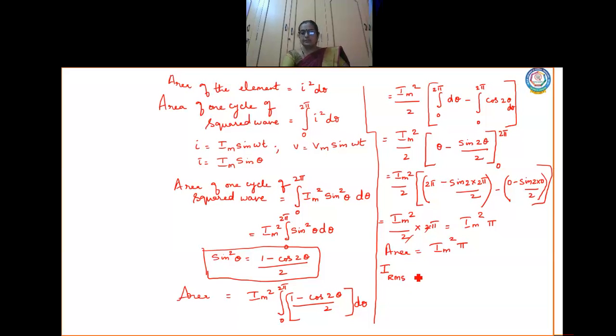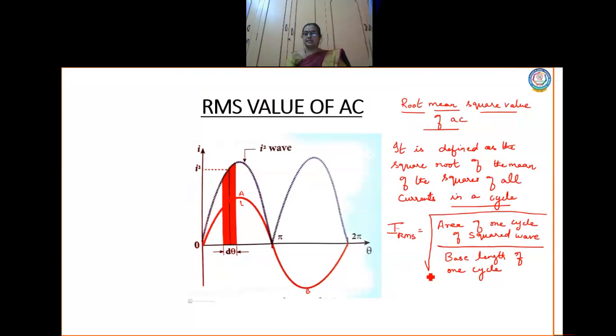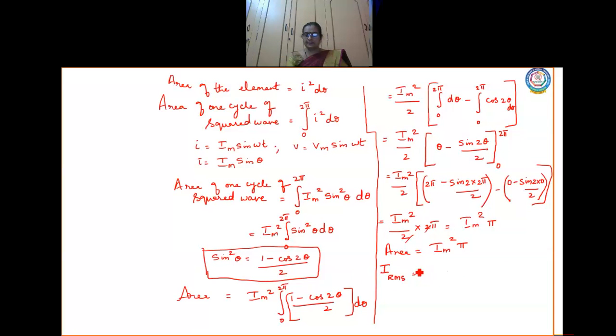Now I'm going to substitute this for calculating IRMS. So what is the formula for IRMS? Look at this formula: the square root of the area of one cycle of the squared wave that I have found out, divided by the base length of one cycle. So let me write the square root of Im square pi divided by the base length, which is 2 pi.